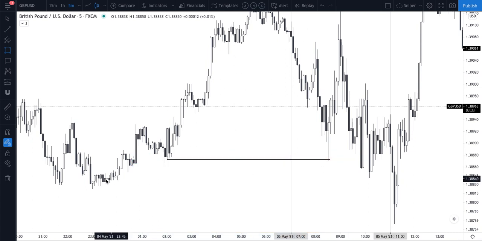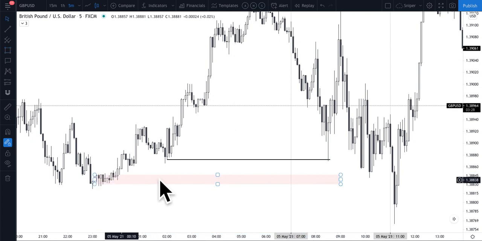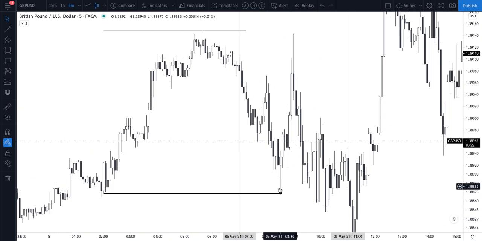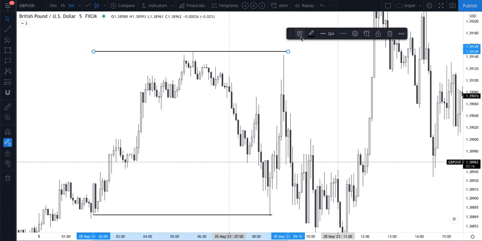Somewhere in this area is where I was looking for price to reach into. Can't remember exactly, but that was the area. It didn't reach into that area, just rejected this low, the Asian low, and then started pushing towards the upside, but didn't even reach the Asian high.